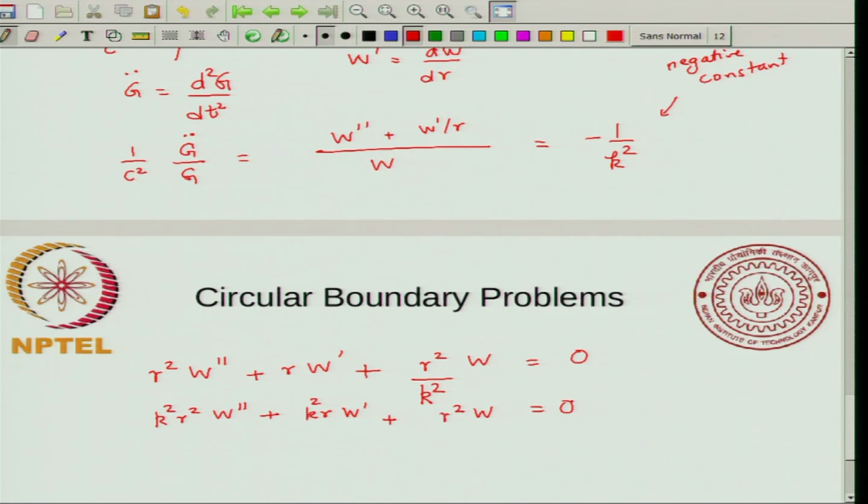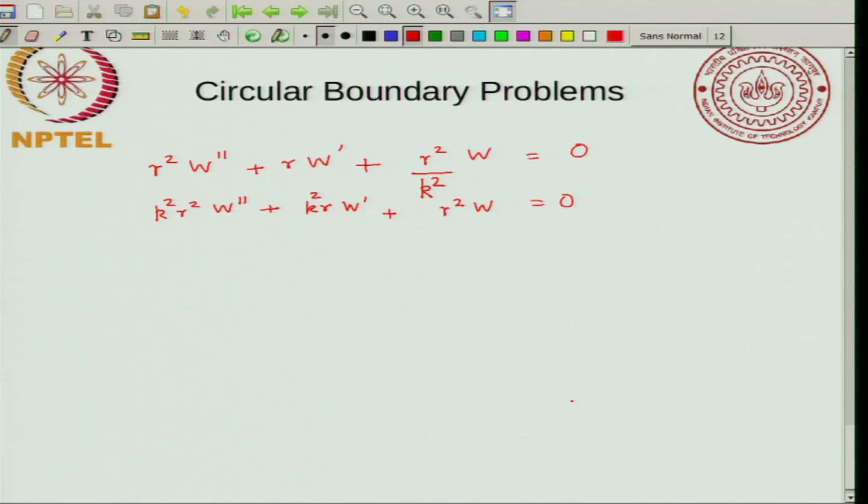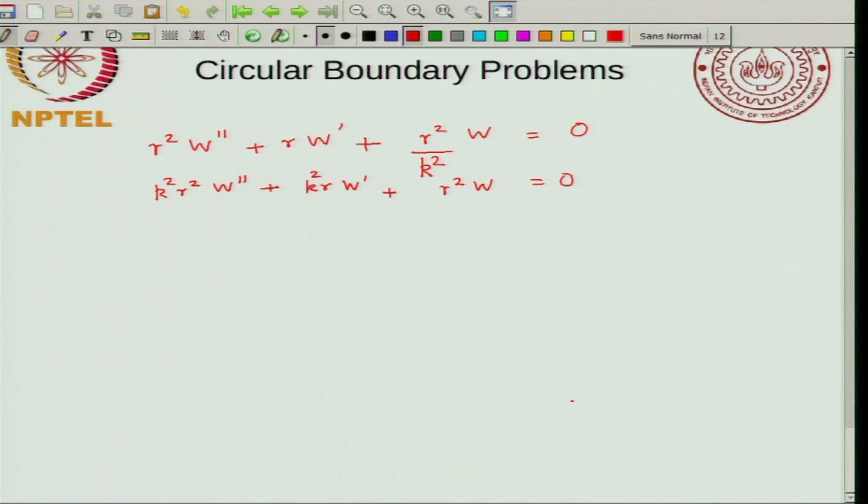Okay. And why I did this is, suppose I make a change of variables, let us say s equal to k r.